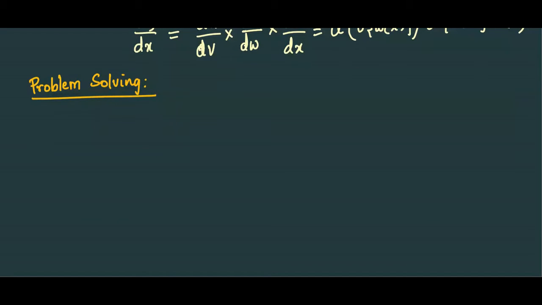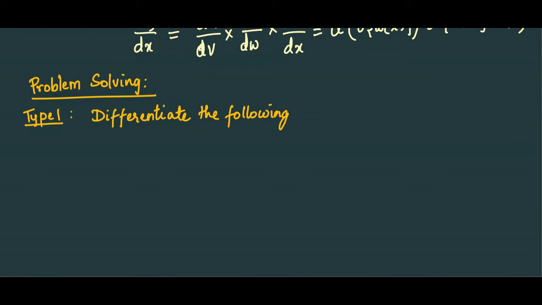So this is the first type. Using these 5 previous properties, differentiate the following functions.